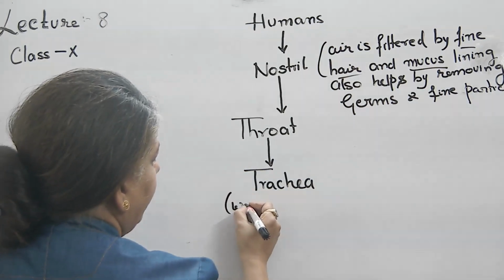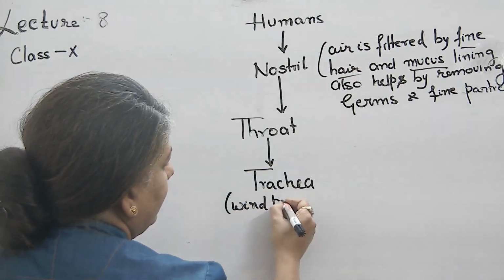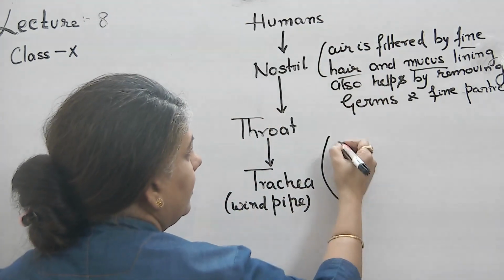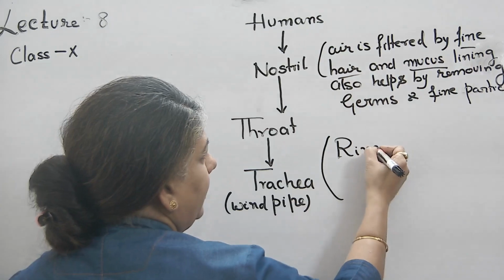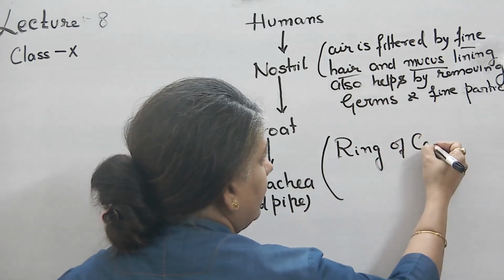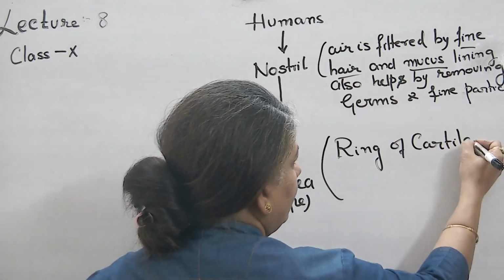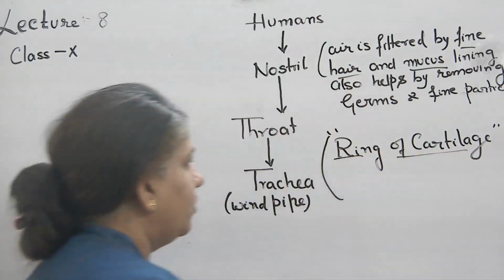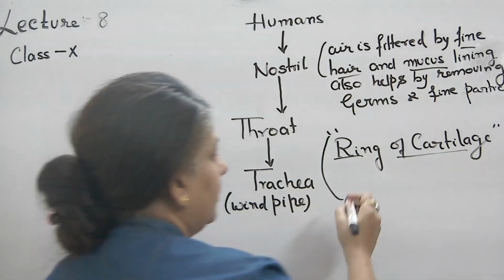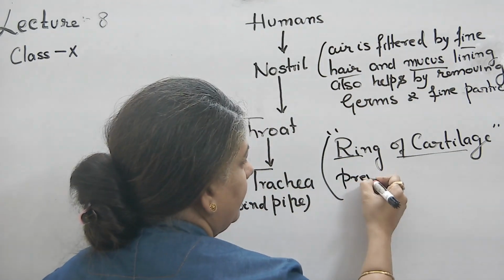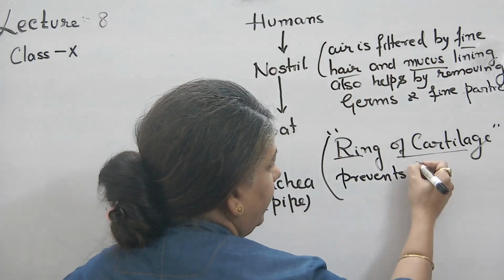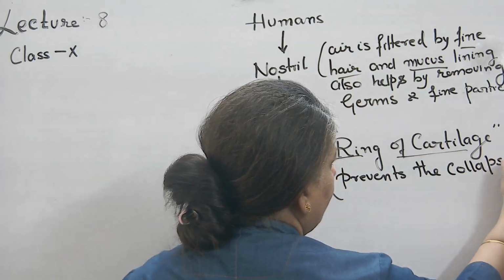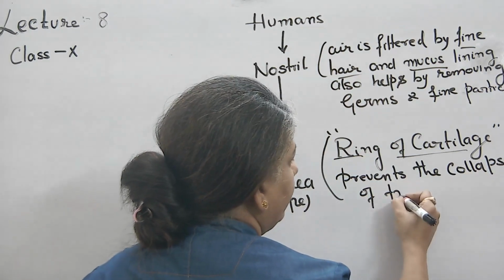This ring of cartilage prevents the collapse of the trachea.